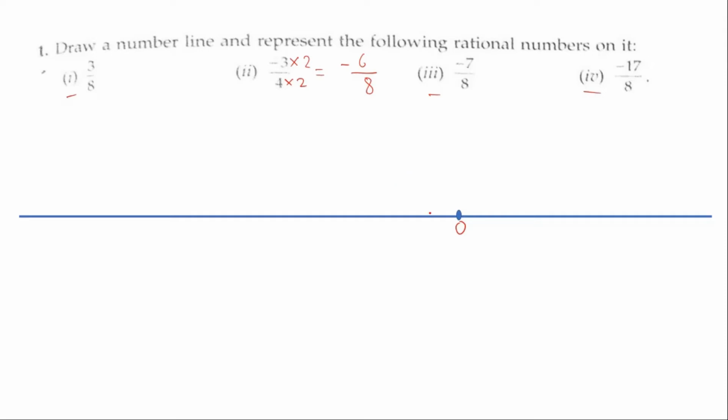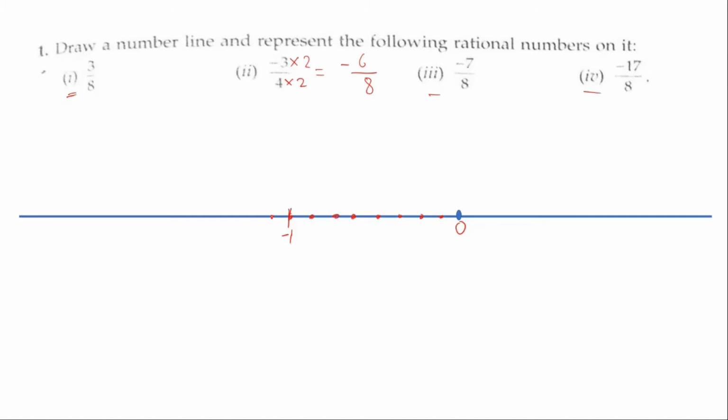Now we will start marking. The denominator is 8, and we can see that apart from number 1, all numbers are negative. So I have taken the left side a little long. This is 0, 1, 2, 3, 4, 5, 6, 7 and 8. This 8 will be minus 1.